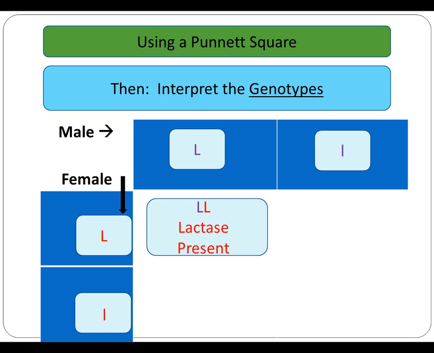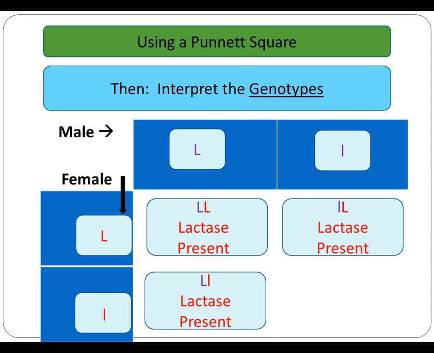In the next scenario, the female is contributing a dominant allele, and the male is contributing a recessive. So we would call this just heterozygous, and the trait is expressed. The other scenario, the far left corner, we just covered.